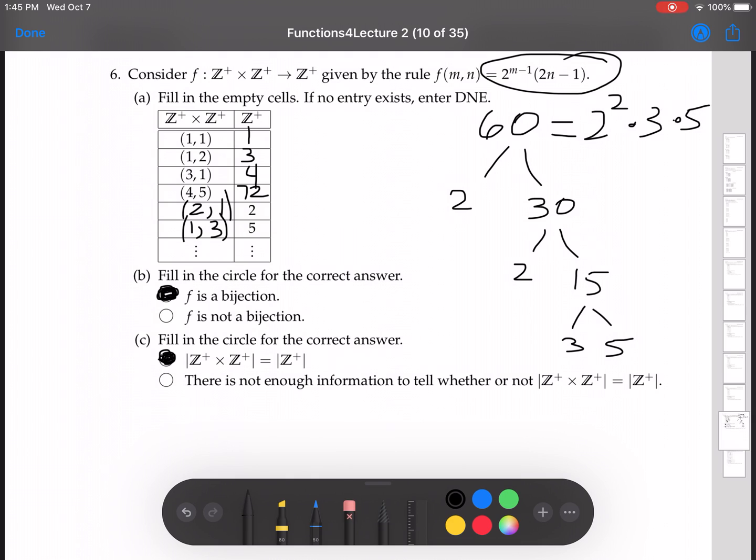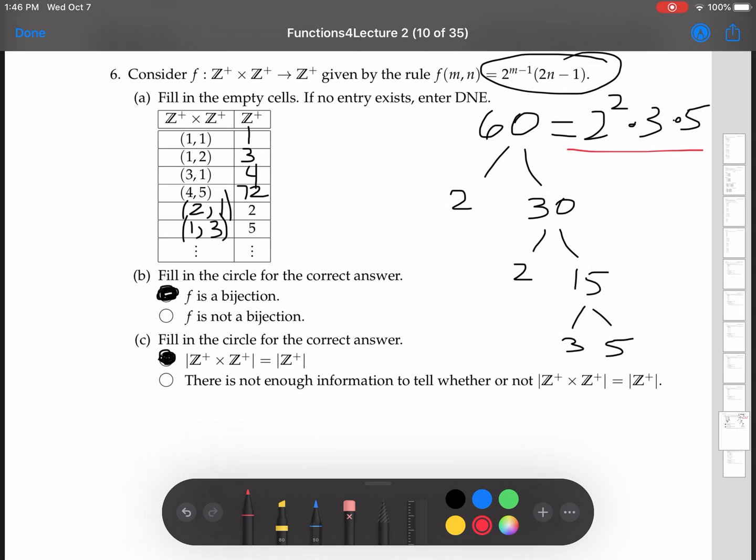Now every positive integer can be written uniquely as a product of primes. That's a really important fact. It's not just that it can be written as a product of primes, but there's no other way to write it except for the order. You could write it as 3 times 2 squared times 5. That's because multiplication you can do in any order. But that's not the uniqueness part.